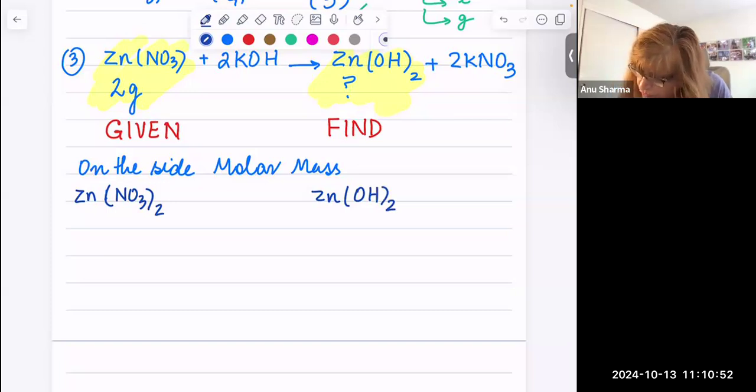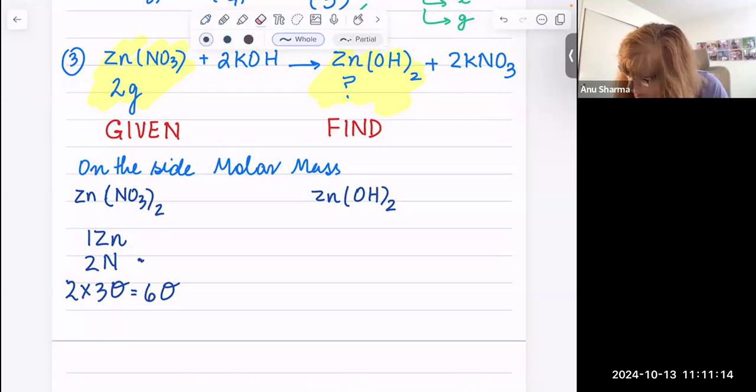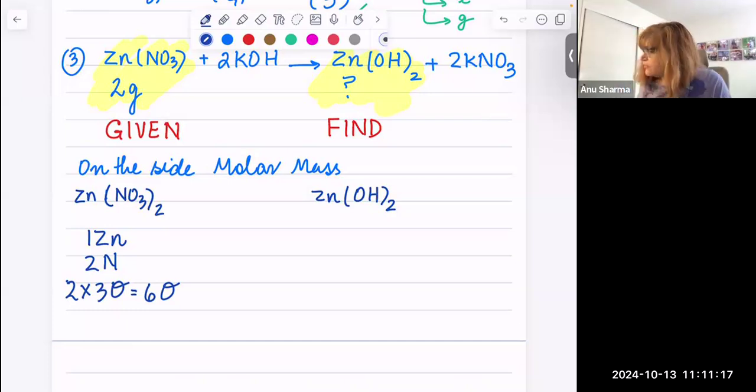whole twice. So 1 zinc, 2 nitrogens, and 2 times 3 oxygens, and that is equal to 6 oxygens. Okay, so here zinc is how much? Zinc is 65.38, so you can do times 65.38. It's okay to put it as 65. There are two nitrogens and each is 14.01.